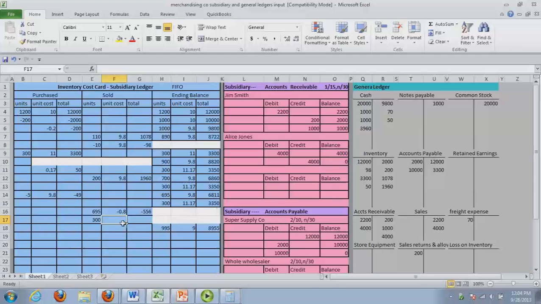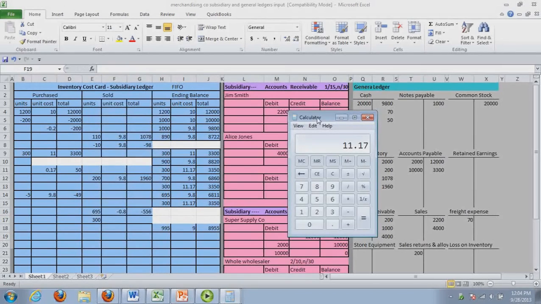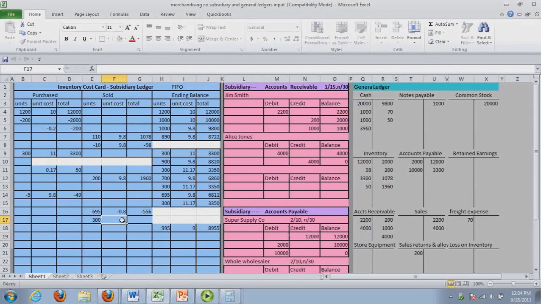And then what happens to the other? Well, let me put this here. Let's do the math first. We have $11.17 less $9. So that's writing it down $2.17. That's going to be slightly off, unfortunately, because I rounded it. I think it's probably $1 off.